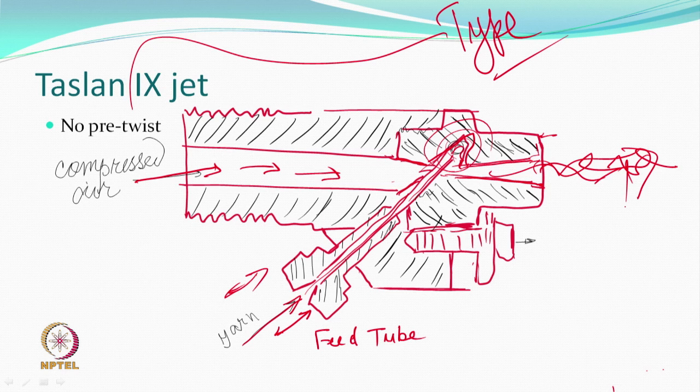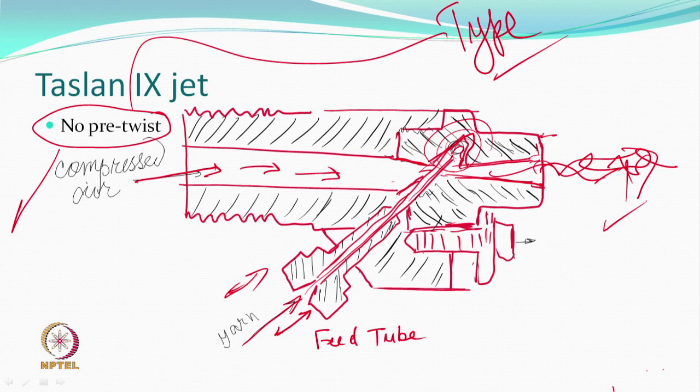Interestingly, this was not using any twist, and that was one advantage. The turbulence was being created because the direction of the yarn and the direction of the air were different, and so they were entangling at some point, and so a lot of things were done.